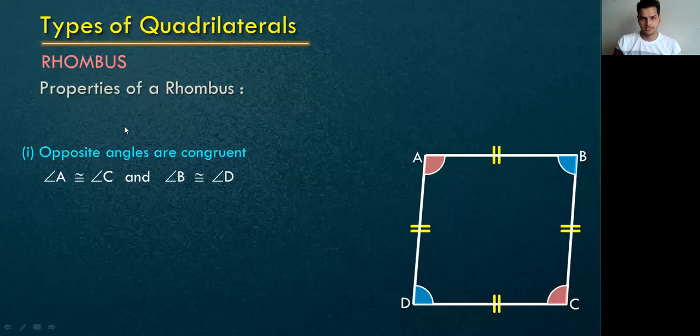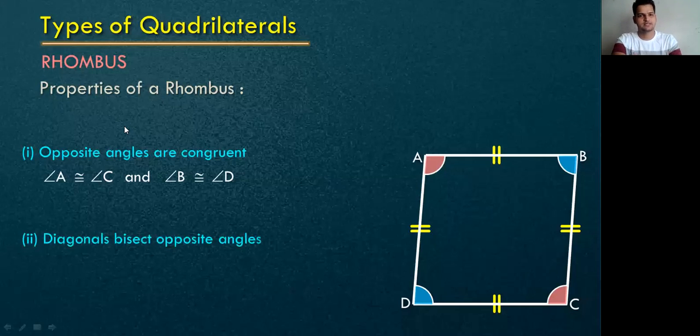I'll repeat, in a square, all the angles are 90 degrees. Whereas in a rhombus, an angle can have any value except 90 degrees. Alright? Is that clear? The basic idea of a rhombus says one thing: that all the sides are congruent to each other and their opposite angles are congruent to each other. Right? Correct? So this is how it is separated from the square.